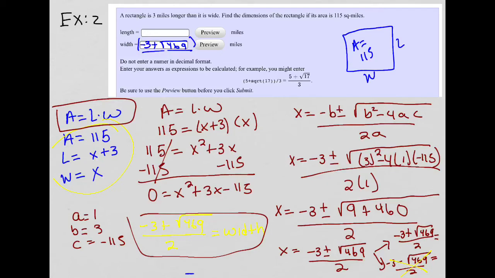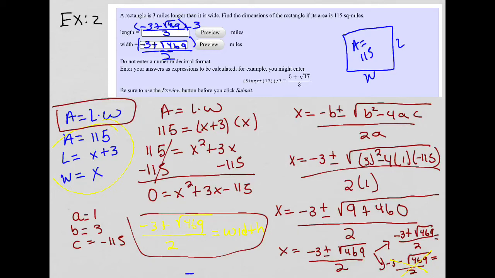Hopefully you guys catch that. And then the length is the same, but plus 3. It's a, let's say, funky way of writing the answer. I understand that. But those are our two answers.